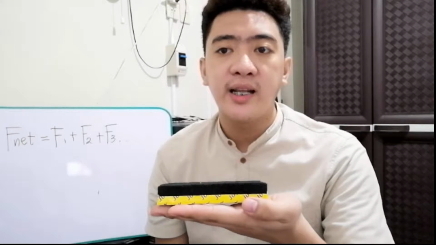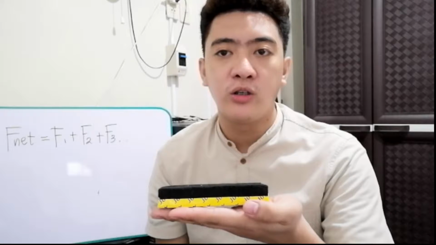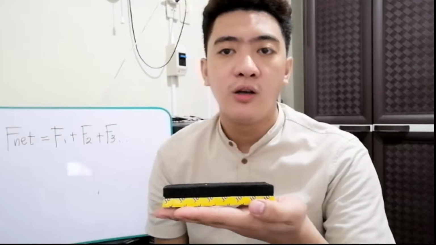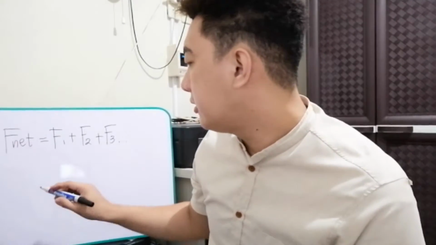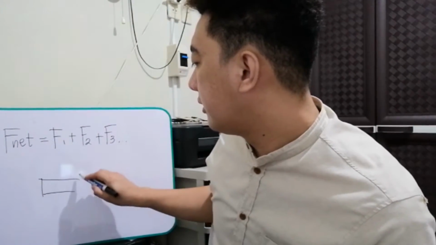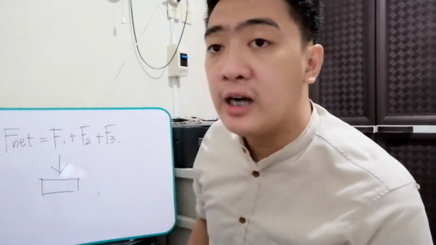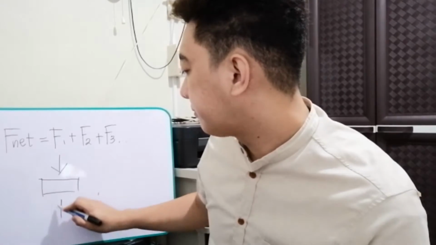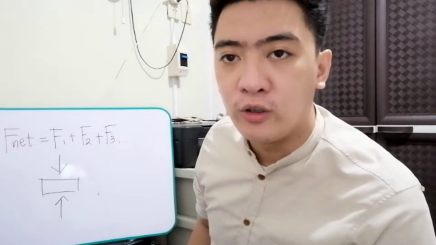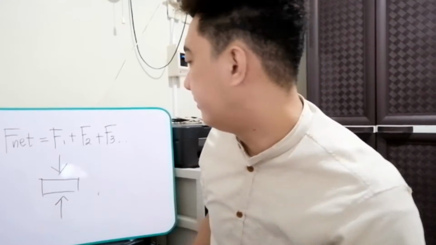So now, let us identify the net force or the resultant force on this particular eraser. For example, this is the eraser, and there are two forces acting on it: the gravitational force and the normal force exerted by the hand.